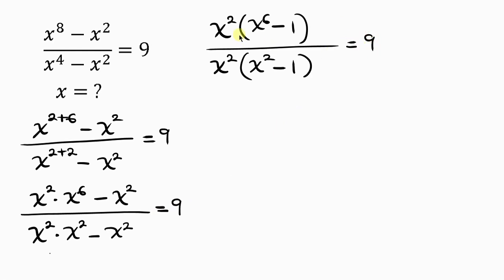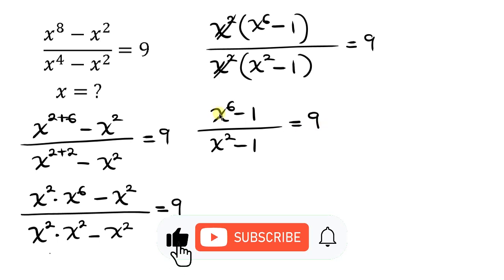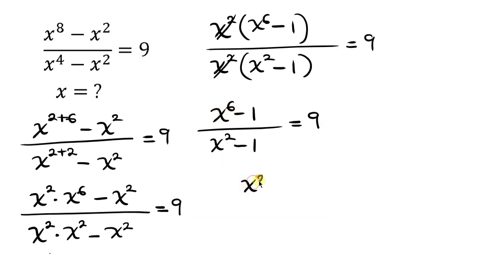Now notice that x squared can cancel off x squared, leaving behind x to the 6 minus 1 all over x squared minus 1 to be equal to 9. Now notice that x to the 6 is the same as x squared raised to the 3, because from indices, powers multiply.